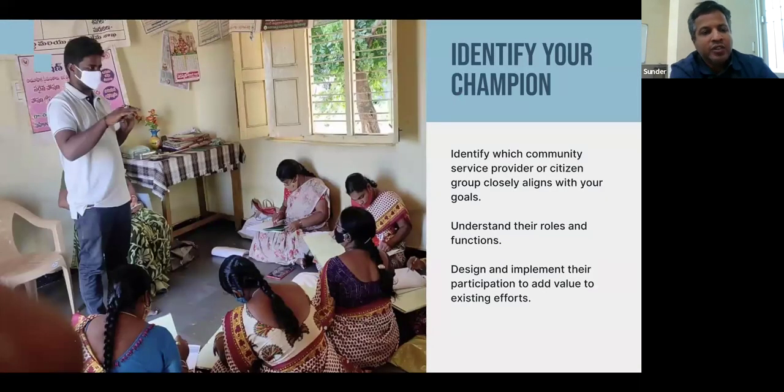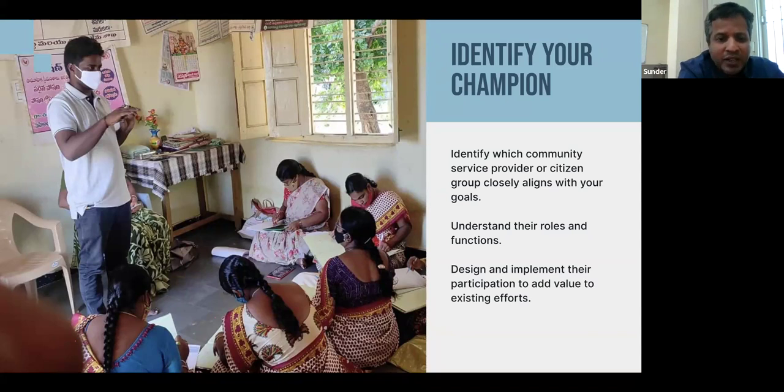Next slide. The first step that I talk about is identifying the champion. And here, over the years in India, we started out working closely with health workers around 5 to 10 years back, and our hunch and hypothesis was that health workers on ground are placed best to communicate with people on water issues, especially water contamination issues, even in terms of facilitating community-led monitoring.